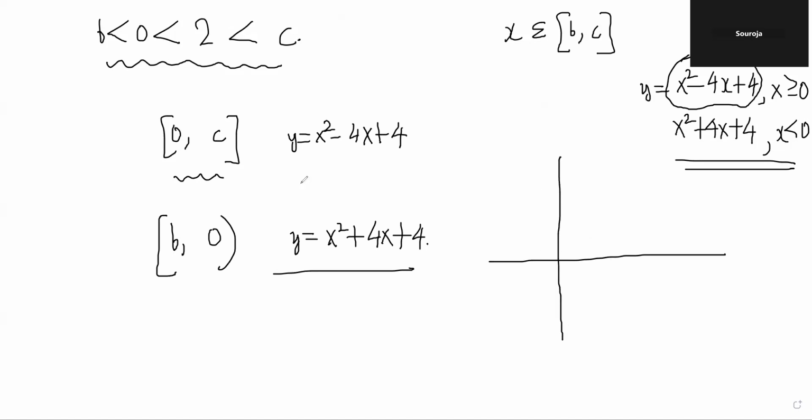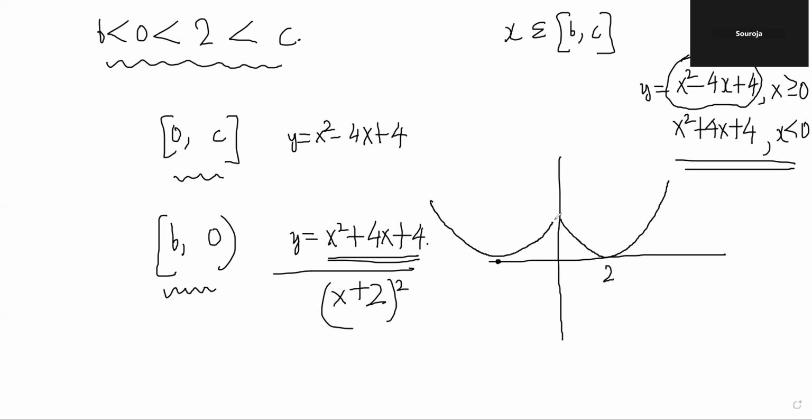For x belongs to 0 to c, I have the same graph as before. So it is like this. The vertex of this graph was at x is equal to 2. But for x belongs to b to 0, the graph is this graph. This graph's vertex is at minus 2, by the way. If you see, this is x plus 2 whole square.